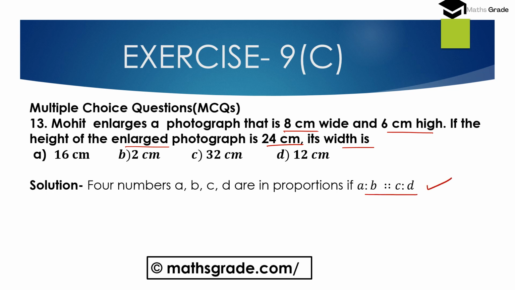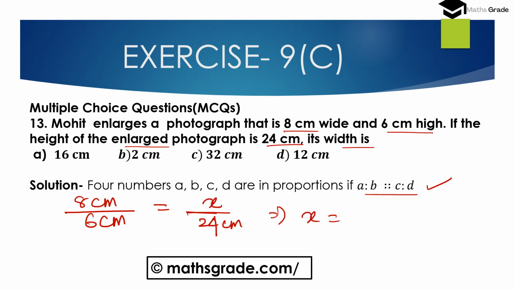So here Mohit enlarges a photograph that is 8 cm wide, so 8 cm wide divided by 6 cm high is in proportion to the enlarged photograph, whose height is 24 cm. Let the width be x. Now crisscross multiplied, we get x equals 8 multiplied by 24 divided by 6.